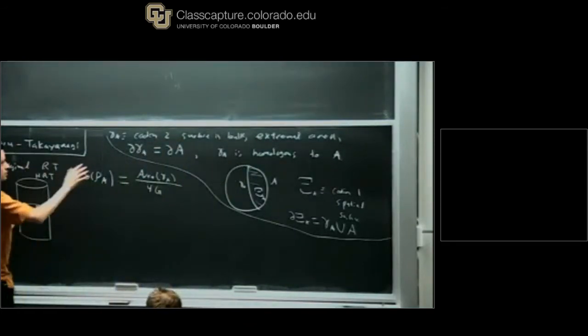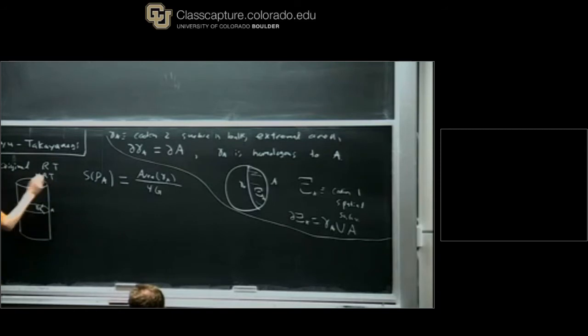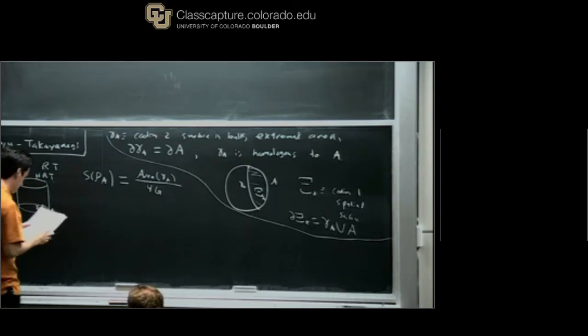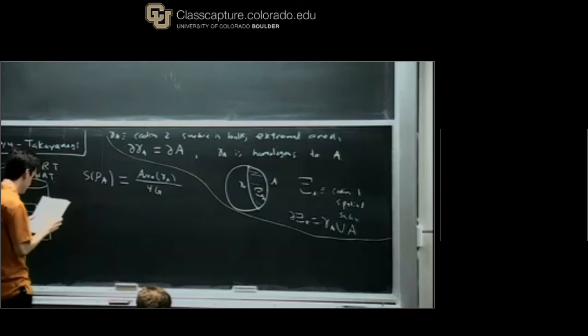But what I said here is necessary to make it covariant when it's time dependent. That was done by HRT, and very confusingly, this is Hubeny, Rangamani, and Takayanagi, and this is Ryu and Takayanagi. This is the Hubeny who you may have heard about on the internet in the last few days. Hopefully you didn't.